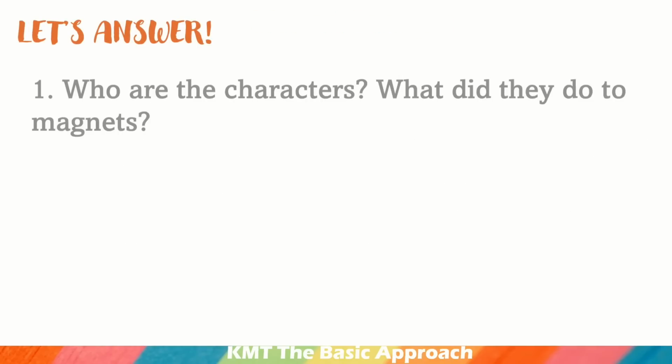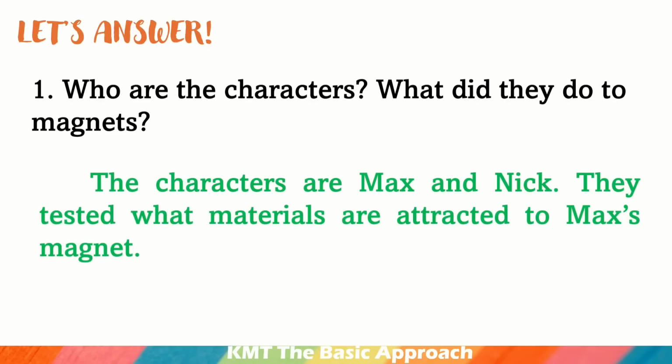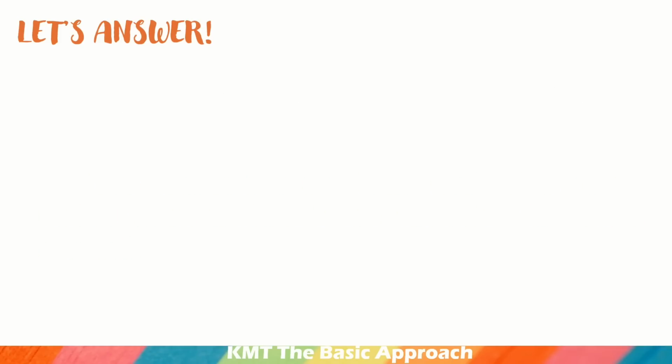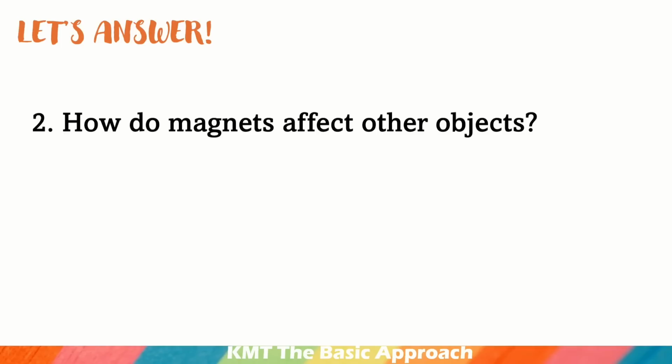Let's answer. Number 1. Who are the characters? What did they do to magnets? Good job! The characters are Max and Nick. They tested what materials are attracted to Max's magnet. Number 2. How do magnets affect other objects?